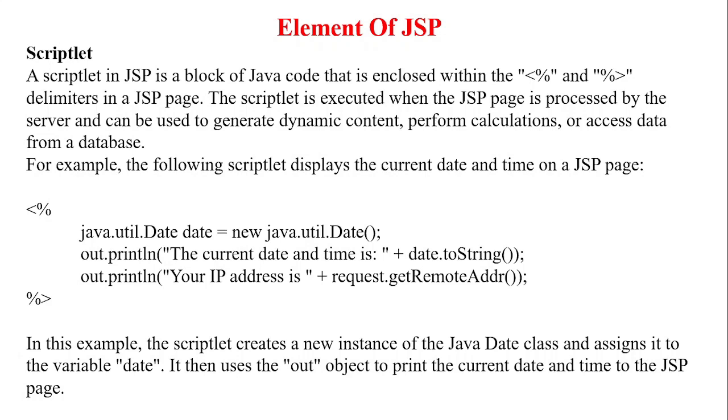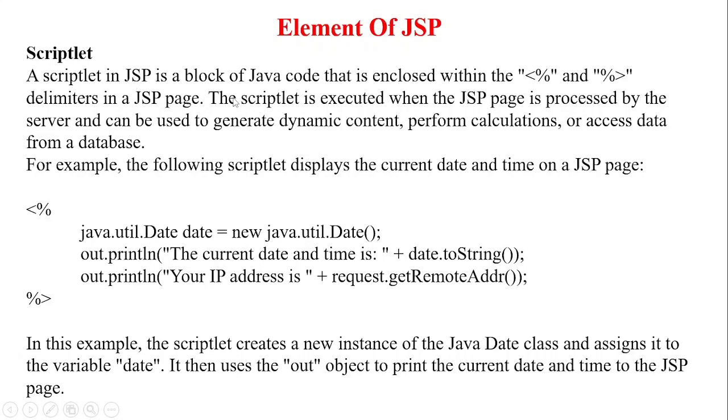A scriptlet in JSP is a block of Java code that is enclosed within less than sign, percentage, and then percentage, greater than sign. These delimiters are used in a JSP page to implement a scriptlet.